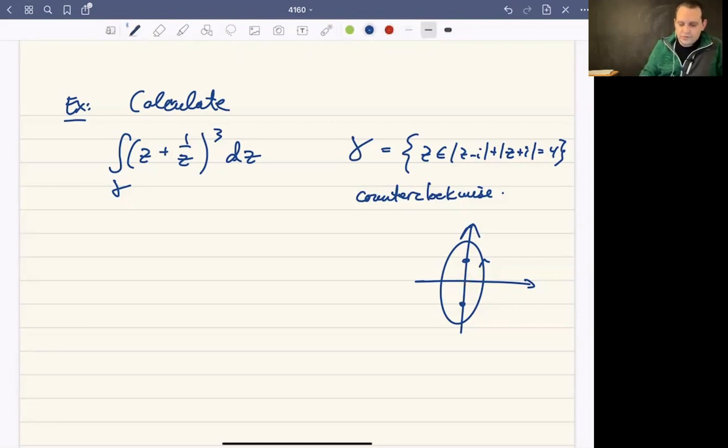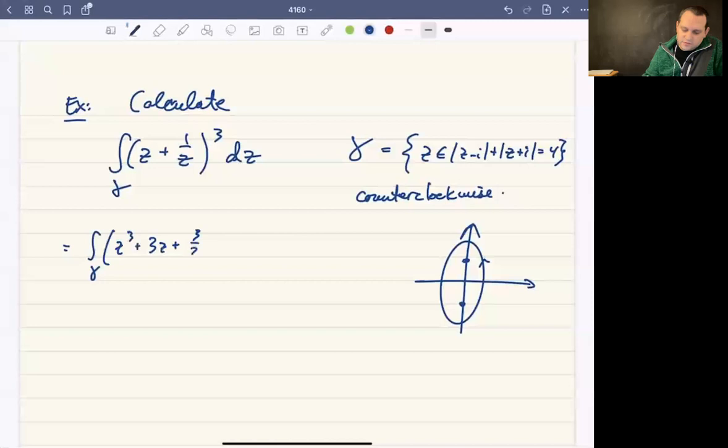But what we can do is actually cube what we get here. So this is going to be the integral over gamma of (z + 1/z)^3, which is z cubed plus 3z plus 3 over z plus 1 over z cubed, just by cubing everything.